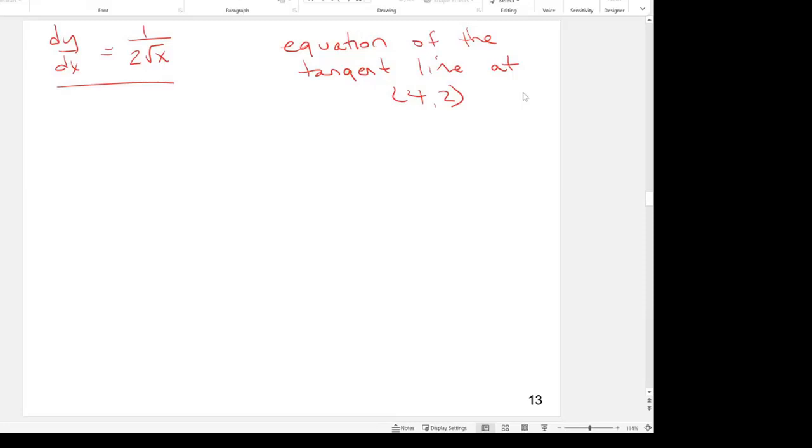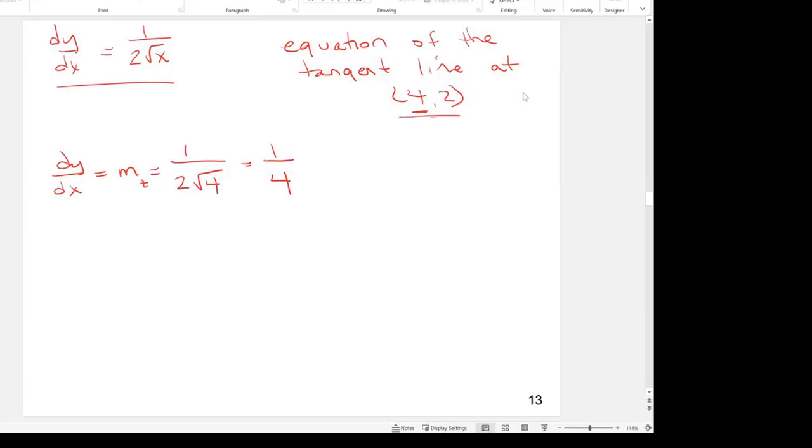Okay, well, what do I do here? Well, it's not too hard, because all I say is dy dx is equal to the slope of the tangent line. Remember, I'll write m sub t, is going to be equal to 1 over 2 times the square root of 4, because my x is 4, which is equal to 1 over 4, okay? So now I know the slope of my line.